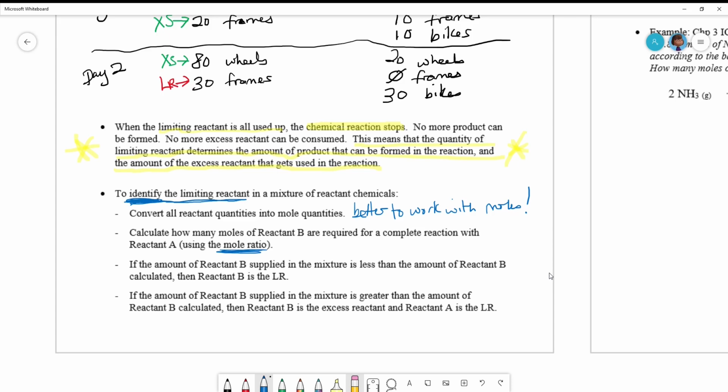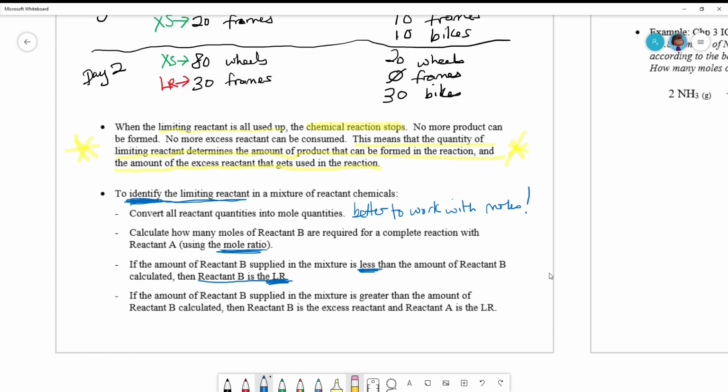Now, once you've done this calculation, the next step is to do a comparison. You want to compare the amount of reactant B supplied in the mixture to the amount of B that you just calculated using stoichiometry. If the amount of reactant B supplied in the mixture is less than the amount of reactant B calculated, then reactant B is the limiting reactant.